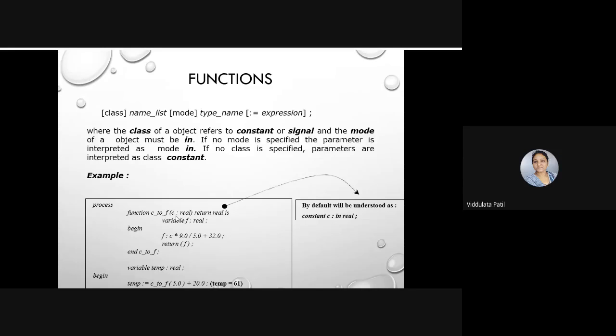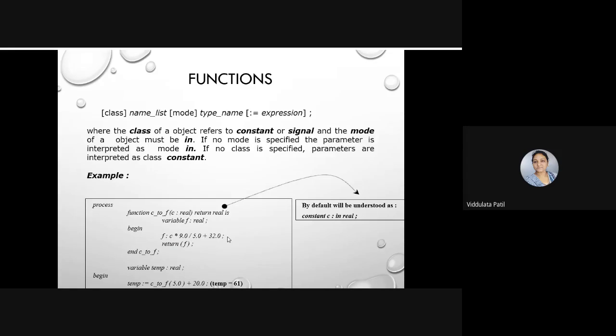Then a variable is declared here, of real type. Then begin, so here this function will begin. Here we are calculating f, which is equal to c times 9.5 divided by 5 plus 32.